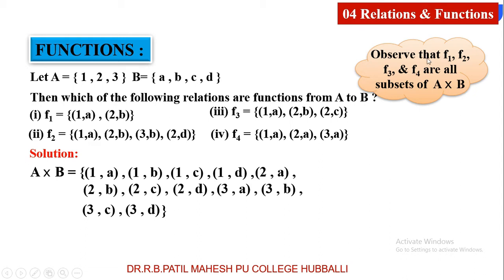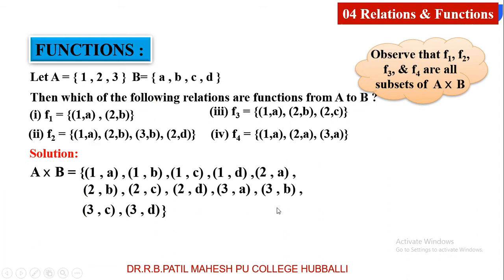Observe that F1, F2, F3 and F4 are all subsets of A cross B. Dear students, all these are subsets of the Cartesian product of A and B. How can we say that?